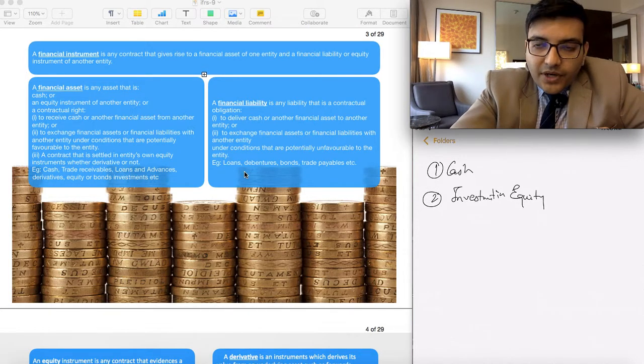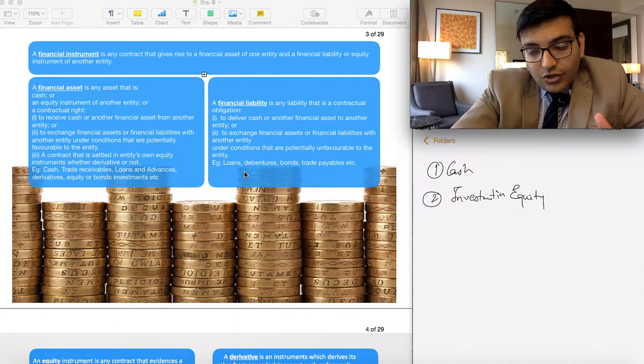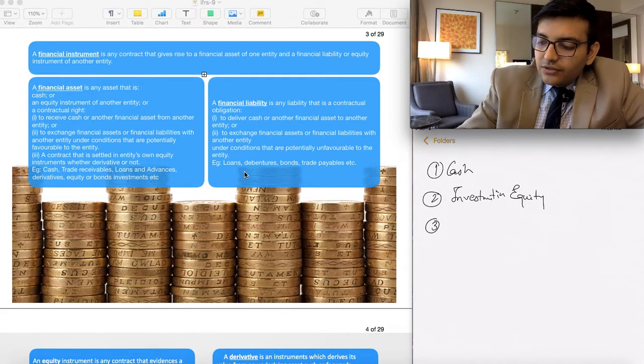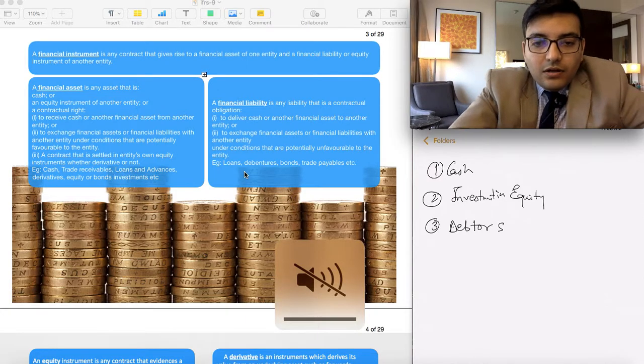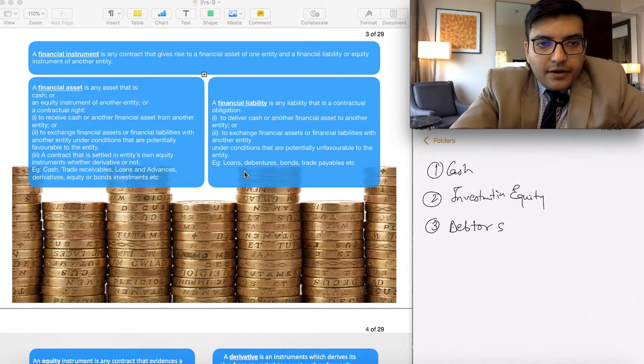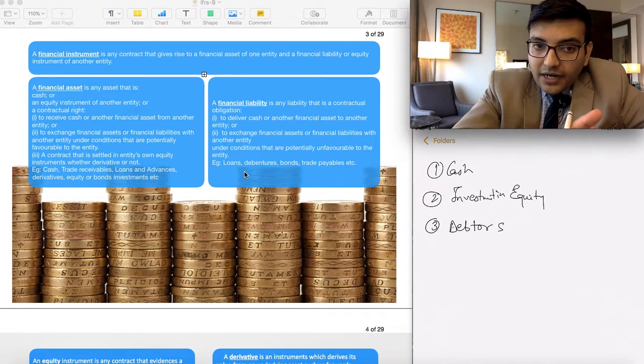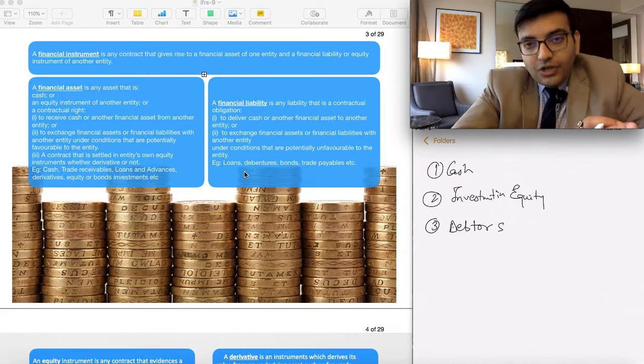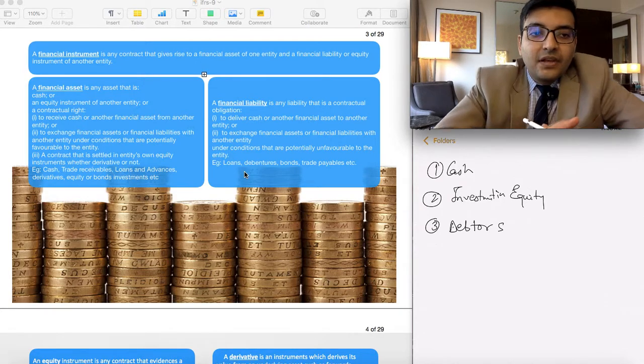Now number 3, a contractual right to receive cash. Third is debtors. This is a contractual right to receive cash. Now the fourth point is to exchange financial assets or financial liabilities with another entity under conditions that are potentially favorable to the entity.